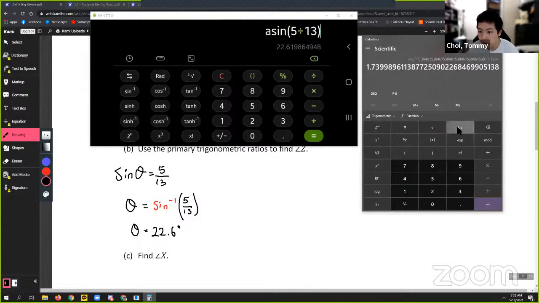Let's do that again. So second function, sine inverse, and that'll give you your answer. So yours is a little bit backwards, iPhone users. So you have to be very careful. For iPhone users, the fraction goes first, and then you do your trig inverse, which also gives you 22.6.